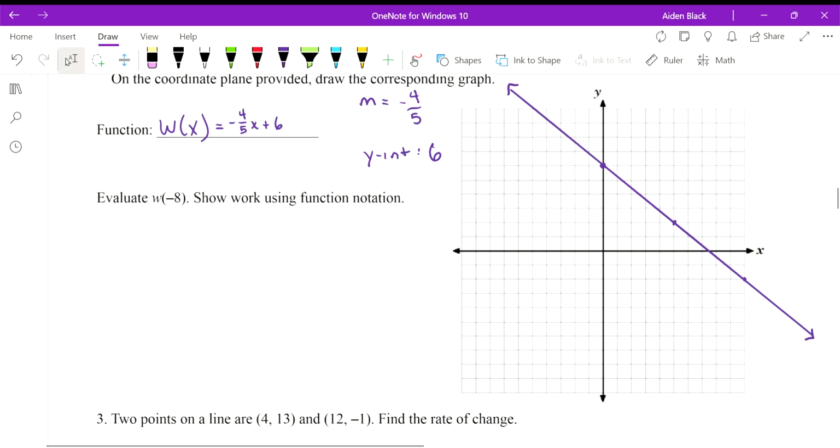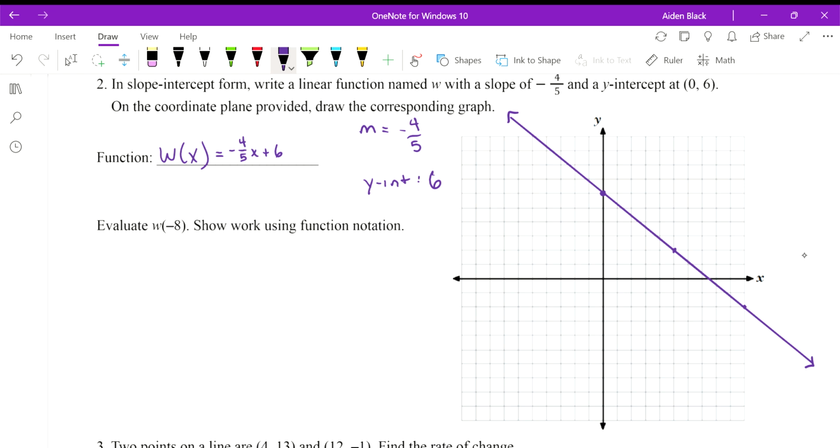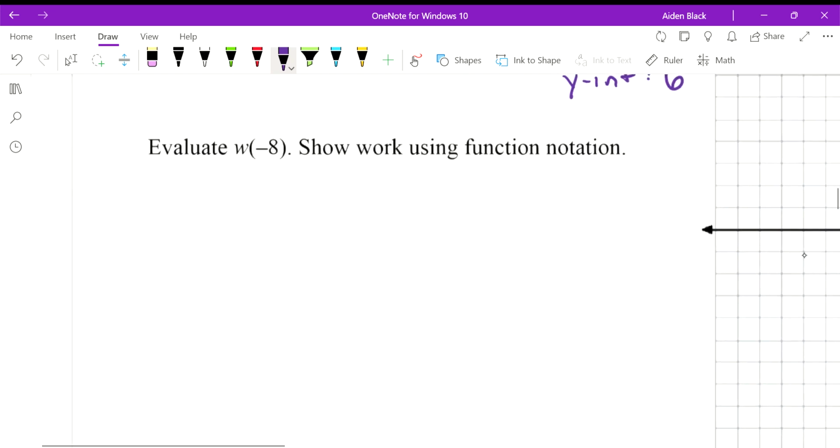It says evaluate w of -8. And again, this would be hard to go all the way to -8: 1, 2, 3, 4, 5, 6, 7, 8, and then go up and see where we intersect with our line. Instead, we can just use the function notation to solve.